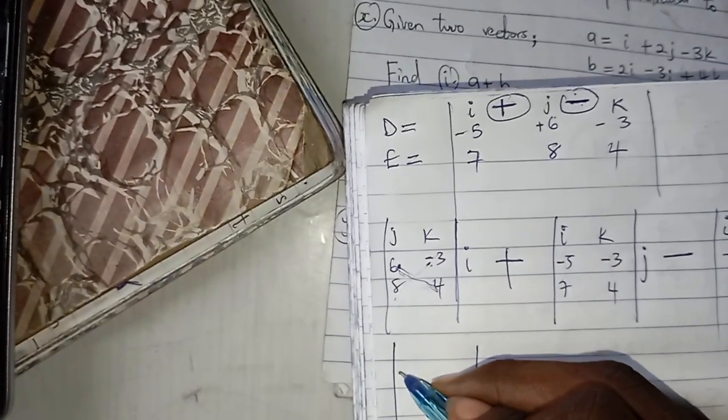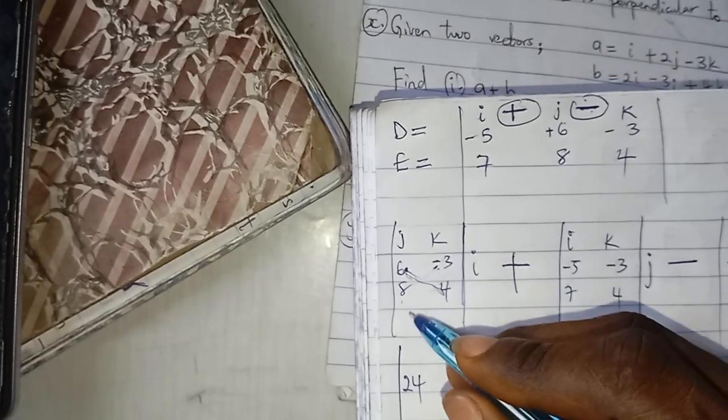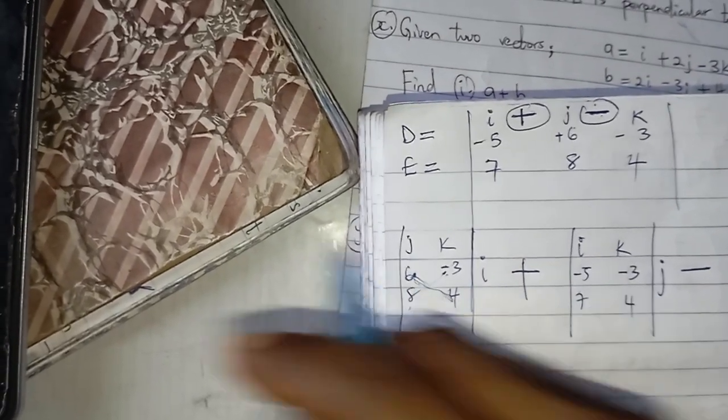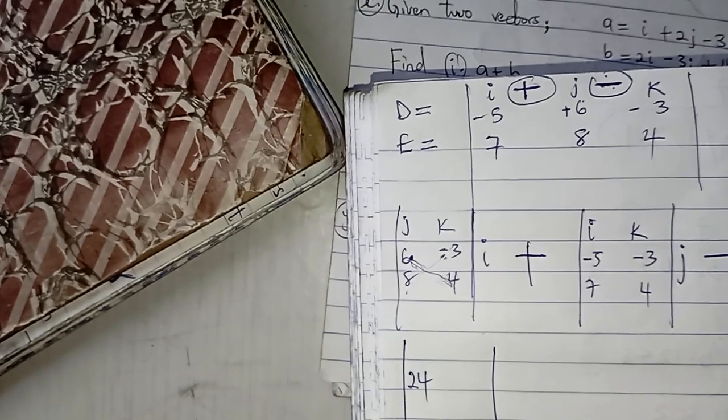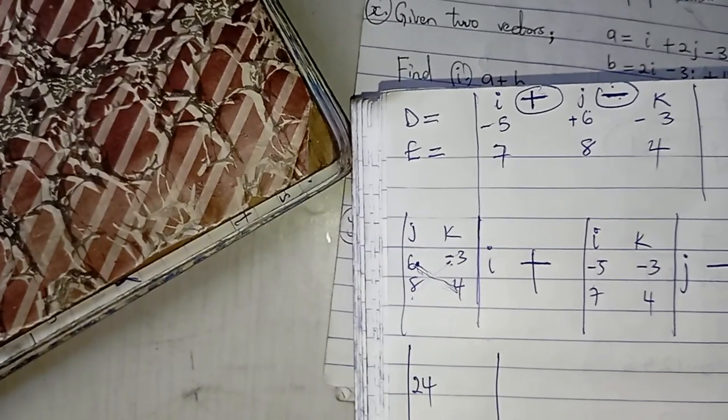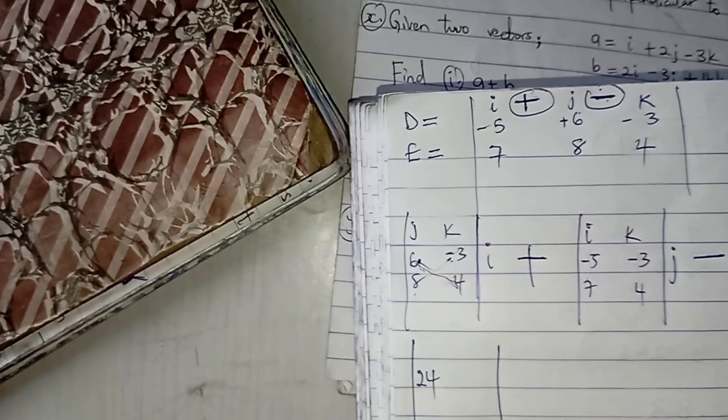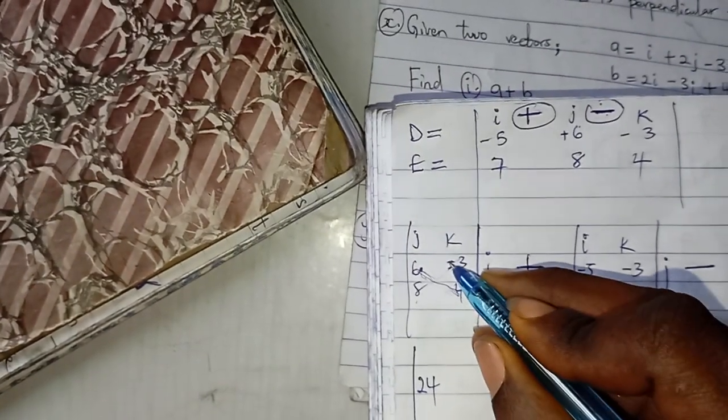So I'll write 24. Then 8, let me use my calculator. So 8 times 3, and notice that this is negative 3.